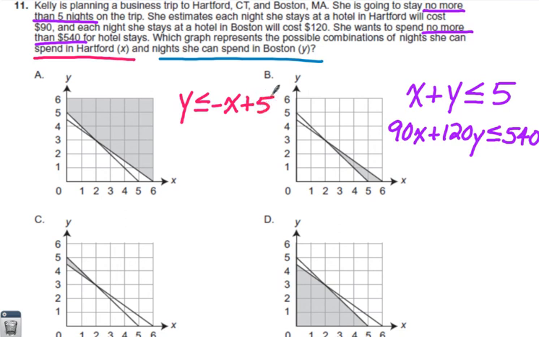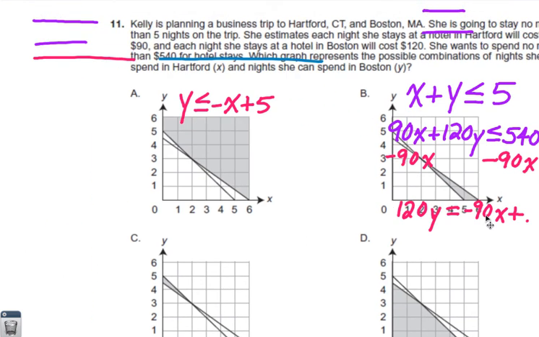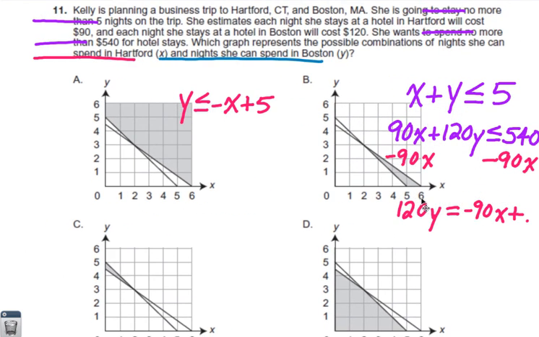All right? But this one, let's see here. If we work to get y by itself, we're going to have negative 90x plus 540. All right, sorry, I miscalculated. Well, you know what? Ah, come on, man.